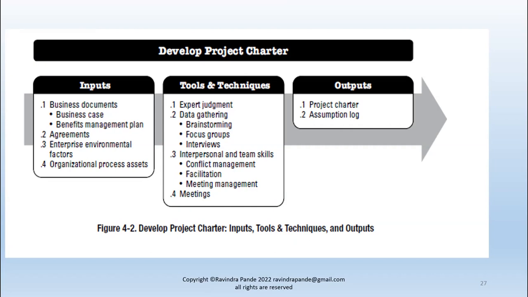When you talk about something like conflict management, as a project manager, you must not start new conflicts. But conflict management is an integral trait of a project manager. You try to reduce conflict. If somebody says, I like Joe Biden very much, I hate Trump, and believe me, there are people like that in your project also.